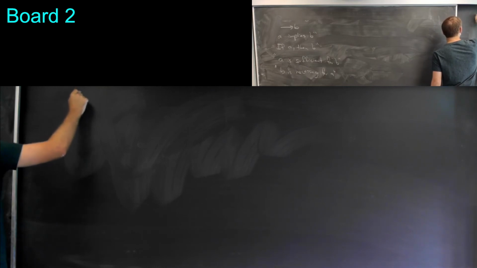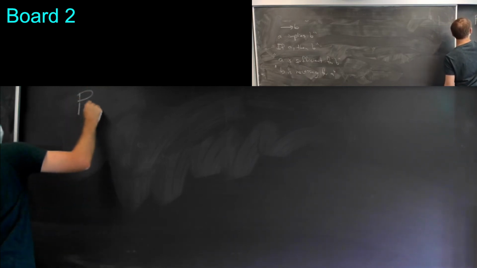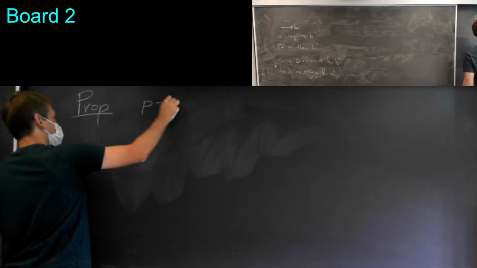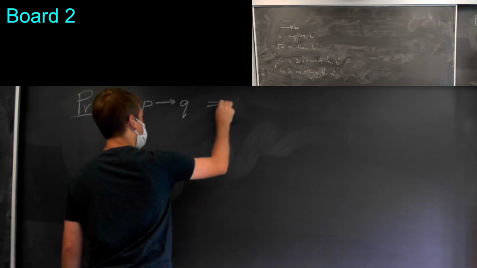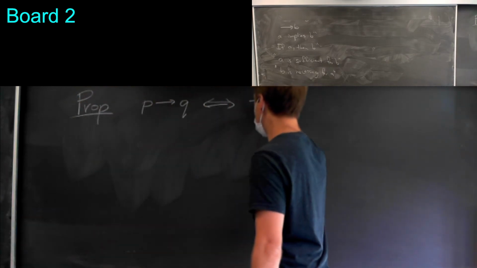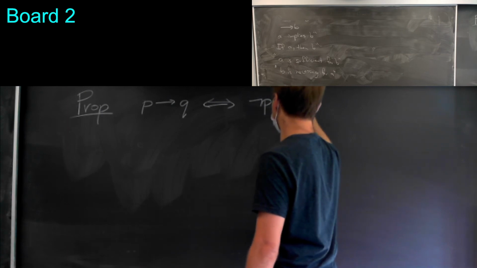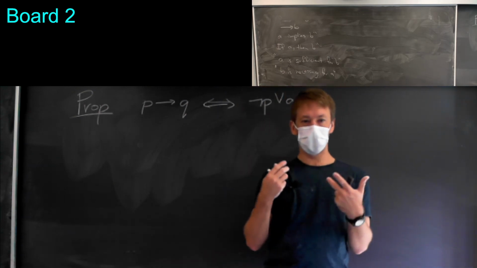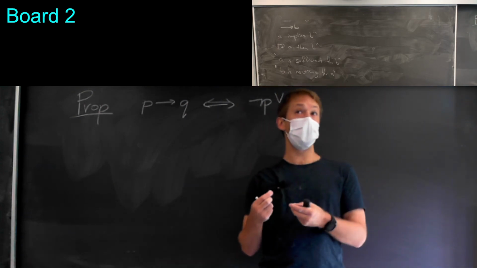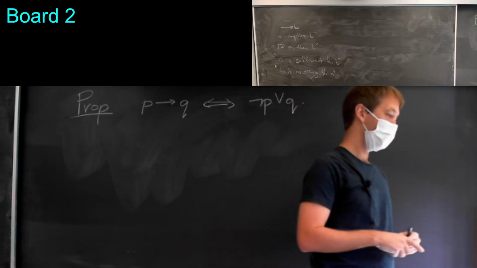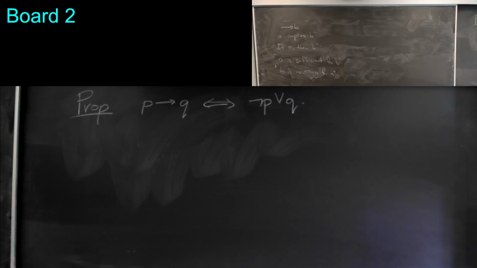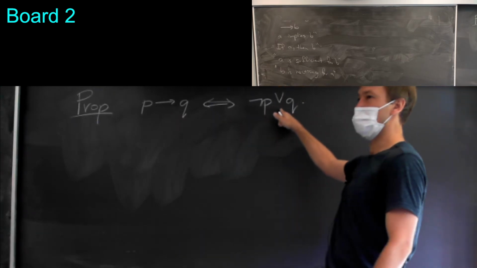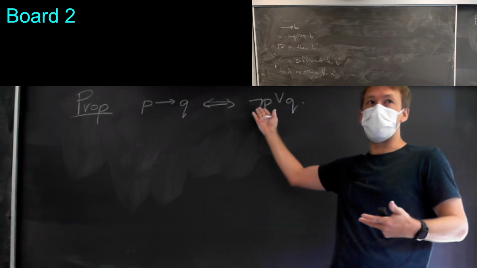So let me give you at least one of these logical equivalences. Here's a proposition: P implies Q is logically equivalent to not P or Q. We're going to prove it now with a truth table, and you're going to need to remember this later, because you'll be given complicated compound statements with implications, and sometimes it's useful to replace the implication with this, because this might be easier to work with.